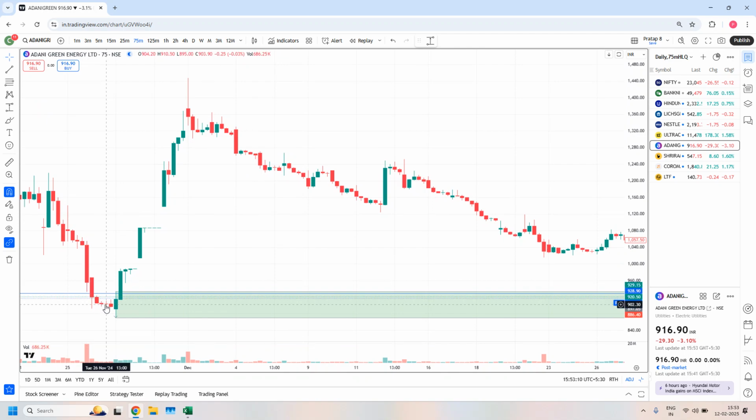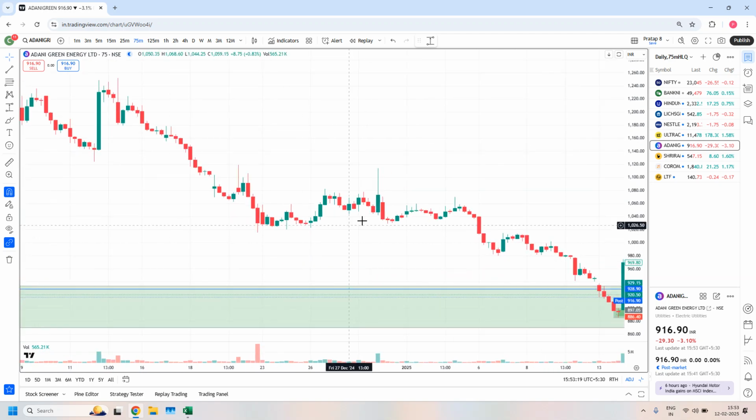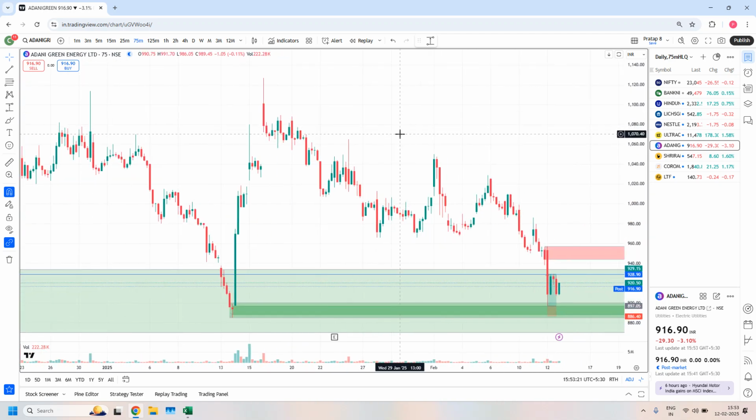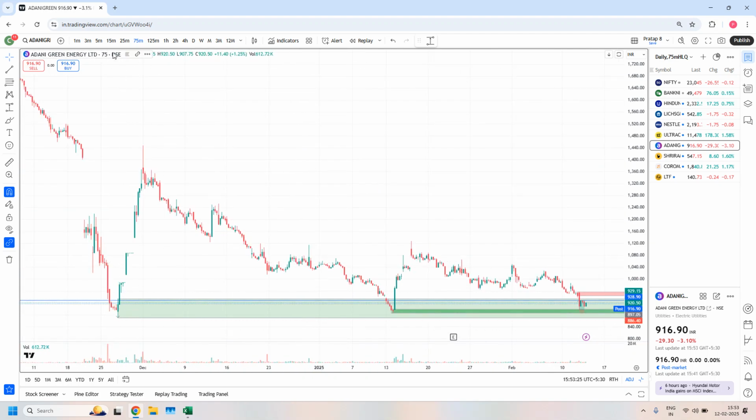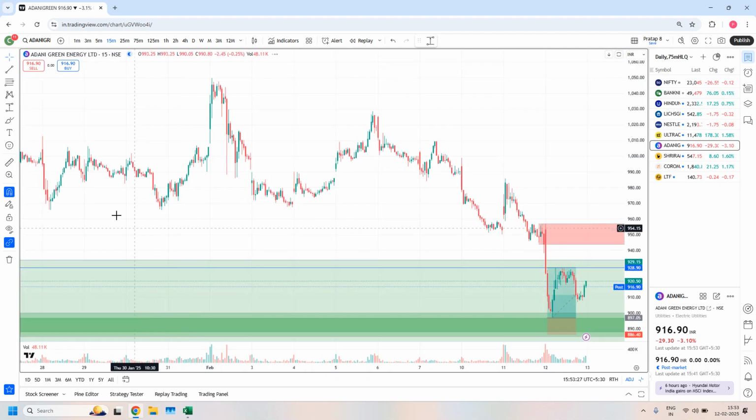You have 1, 2, 3, 4, 5 base candles and a rally candle. This is how our software identified it. Drop, base, rally. And this 75-minute zone is fine-tuned with the 15 minutes time frame.